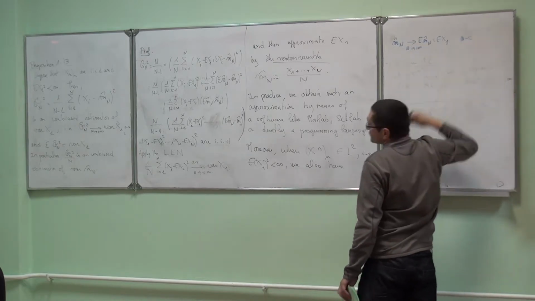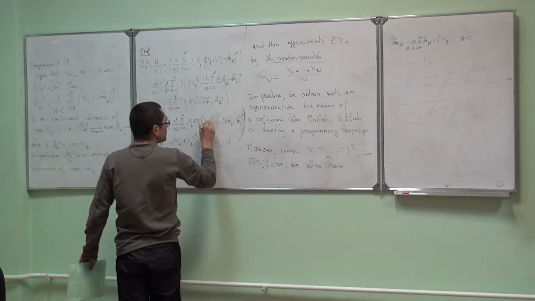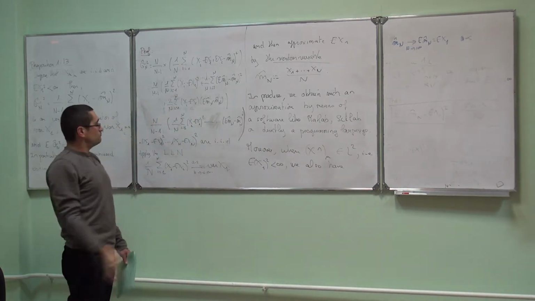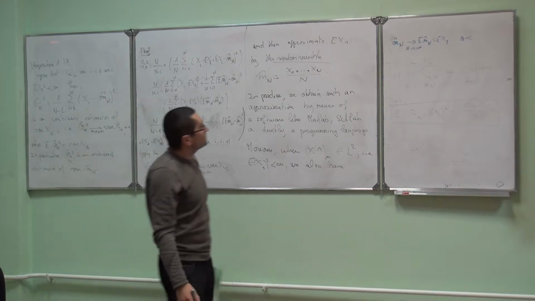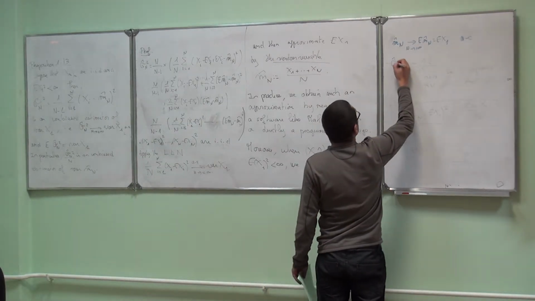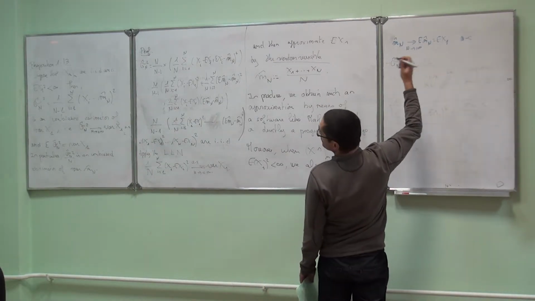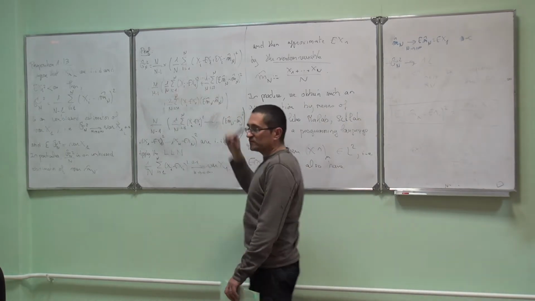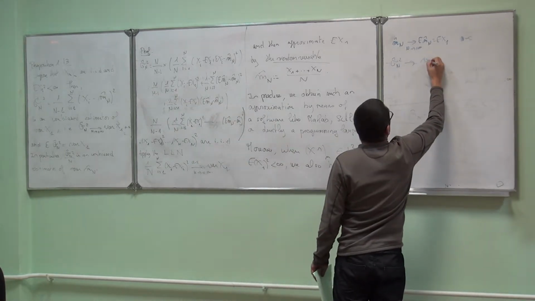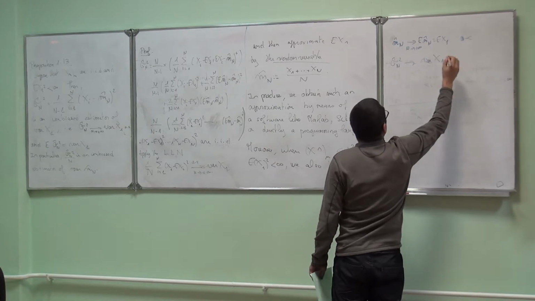Surely. So this second term tends to 0. So the conclusion follows. That is, sigma hat n square tends to 1 times variance of x1.